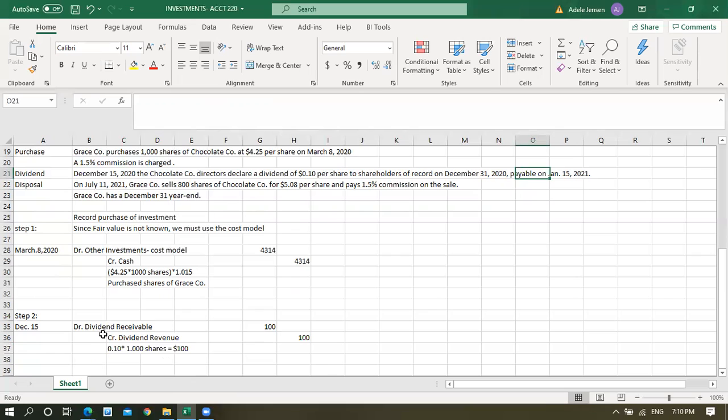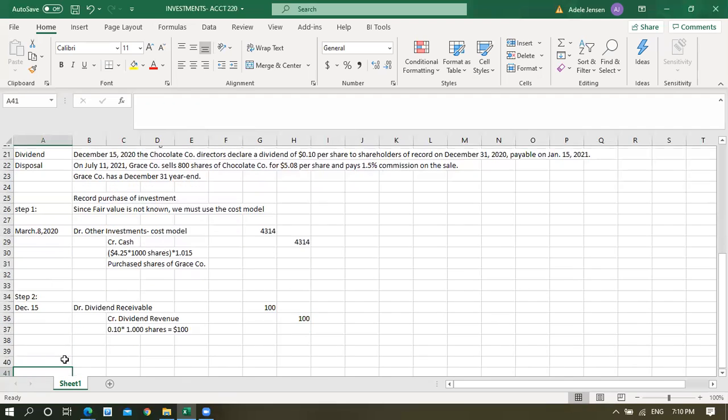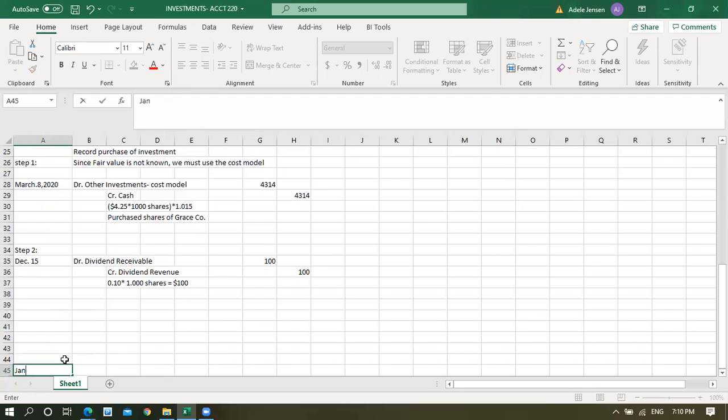So on January 15th, then we will credit that dividend receivable and credit cash. Okay, so we know we're going to have to do that one, January 15th. So I'm going to put that down here. Oh, this one is for dividend declaration.